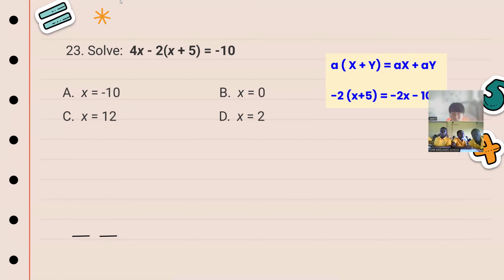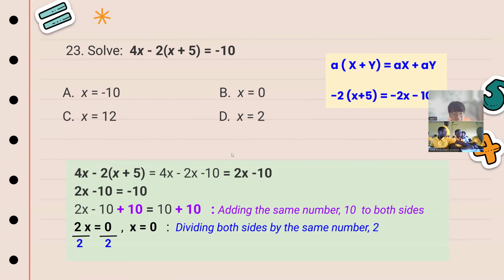It's B, zero. Yes, it'll be 0, actually. Great job. If you said 0, the answer is B. That's correct. The explanation is that we have 4x minus 2 times x plus 5. We get 4x minus 2x minus 10, which is 2x minus 10.